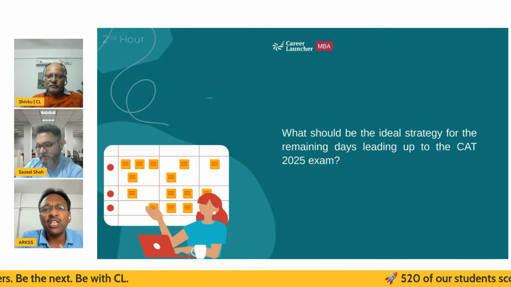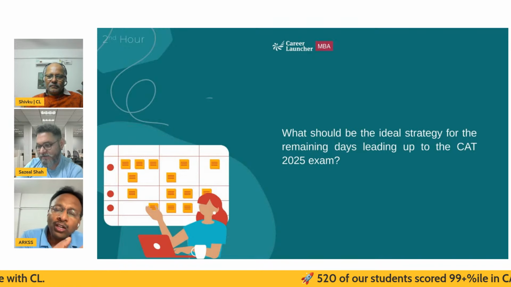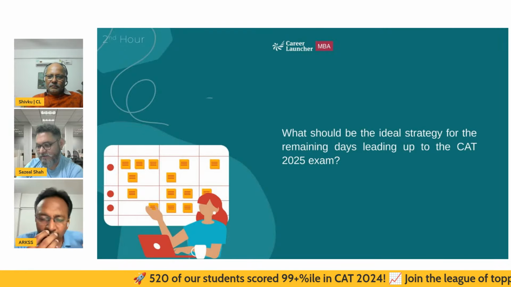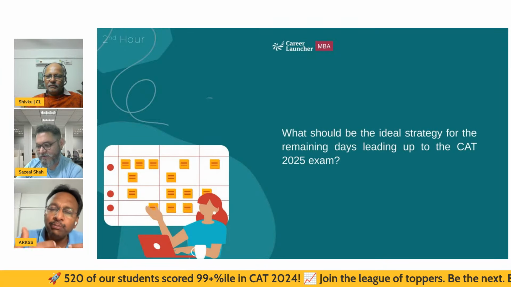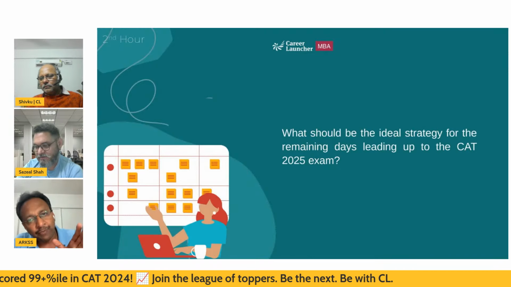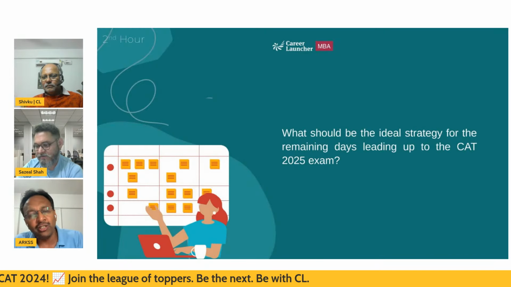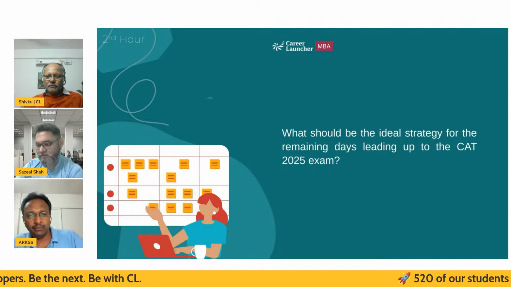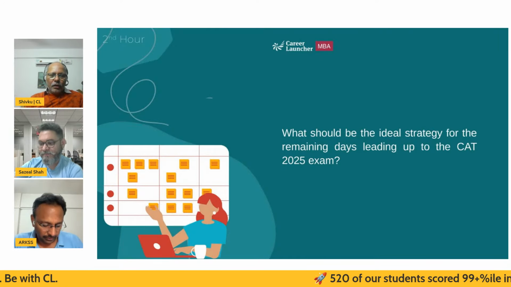Likewise, pick up some 6, 7 topics in Quant, 2 or 3 types of areas in DI. Verbal, you have no choice but to keep practicing a little more. But 3 to 4 marks and this kind of PYQ revision will help you crack the paper.